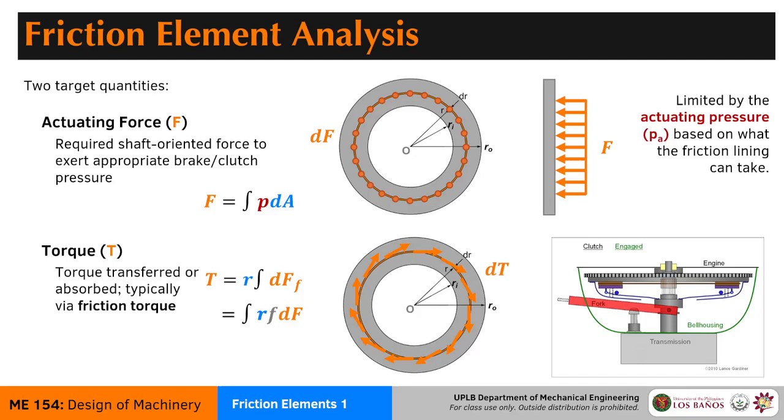If you go further, we have a differential for force as well. We can expand that, substitute P times the differential of the area, and we get this. These are the general expressions for our friction elements.